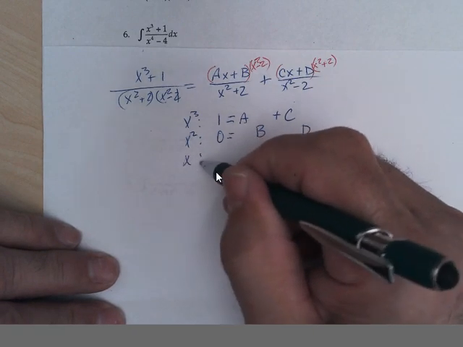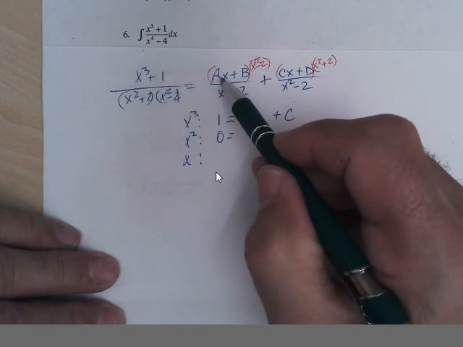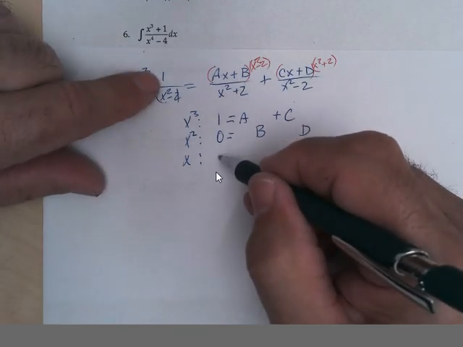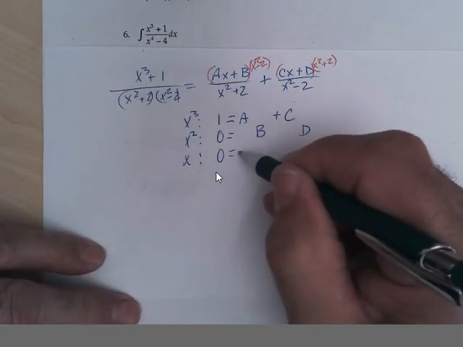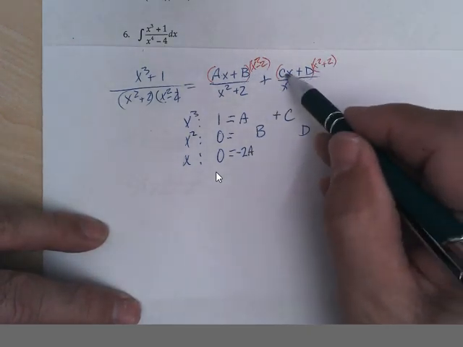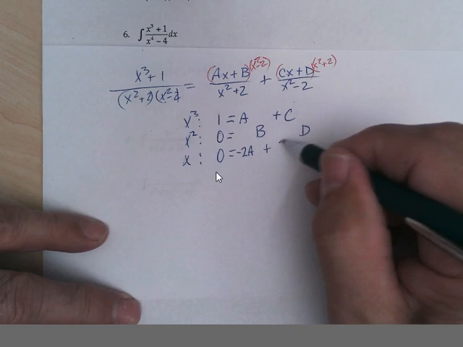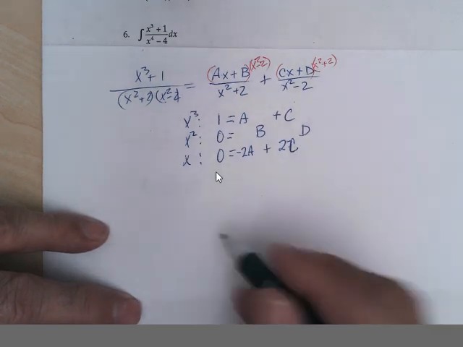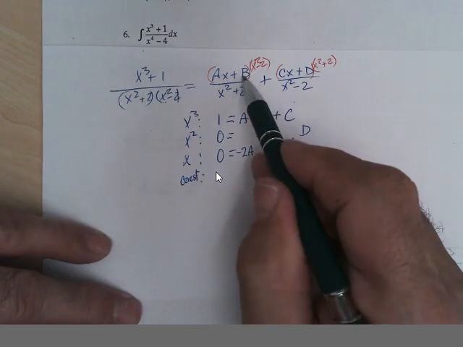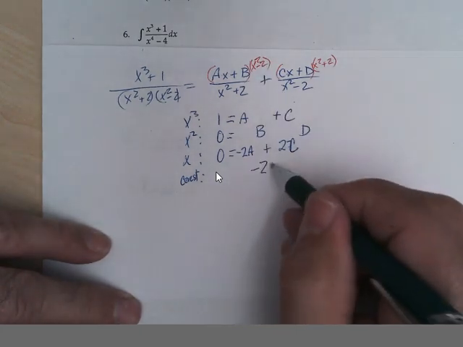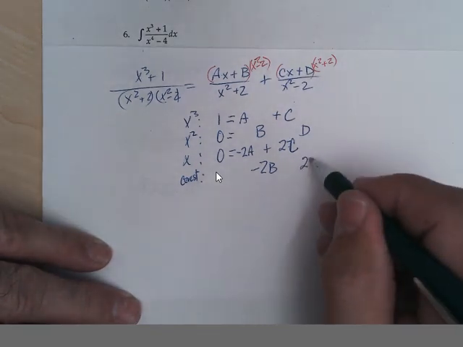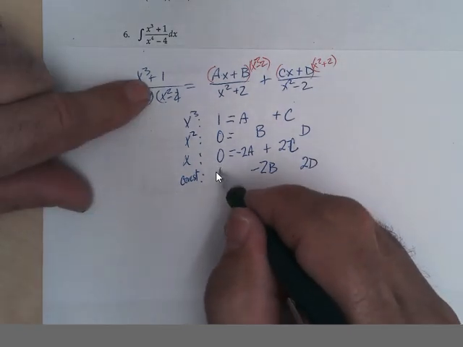And x's, I'm going to get minus 2a. X's, there's none here. Minus 2a. And x's, we're going to get 2c. And the constant, we're going to get minus 2b, and plus 2d. And over here is 1.